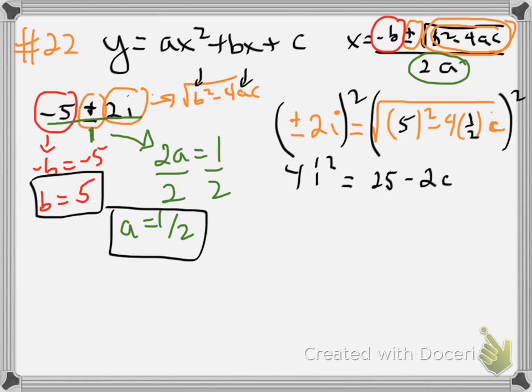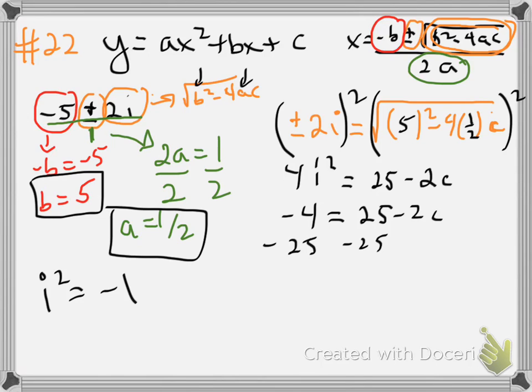Now again, what is i squared? i squared is negative 1. So we actually have negative 4 here equals 25 minus 2c. So I'm going to subtract 25 from both sides. And I'm going to get negative 2c equals negative 29. Divide by negative 2. And I'm going to flip it around. C equals 29 over 2.